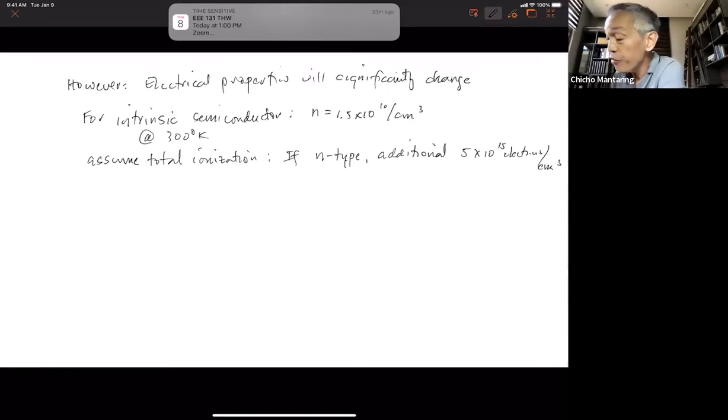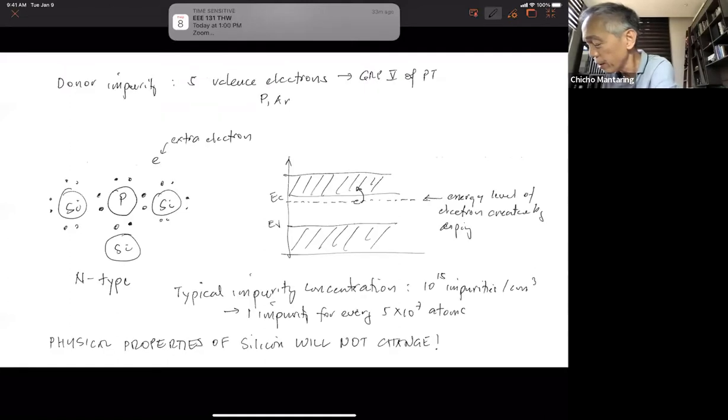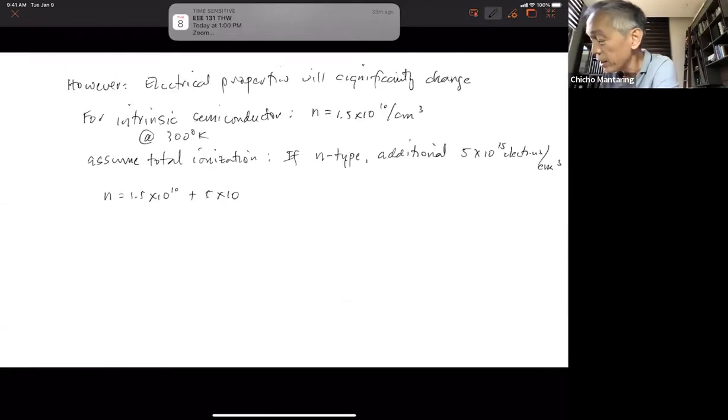So what is the new value of N? The new value of N would be 1.5 times 10 to the 10, the original, plus 10 to the 15, which will actually be approximately equal to 10 to the 15 per centimeter cubed.